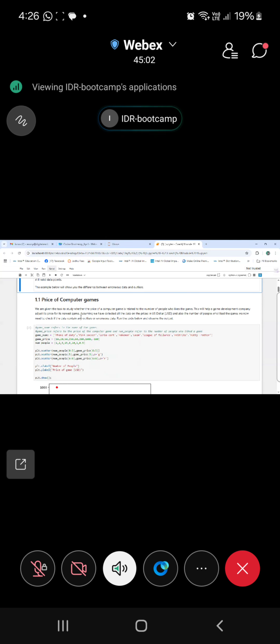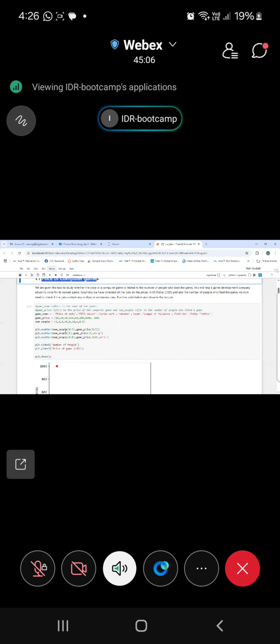This is explained through an activity on the price of computer games. Let's assume these are the names of the video games, these are the game prices, and this is the number of people.